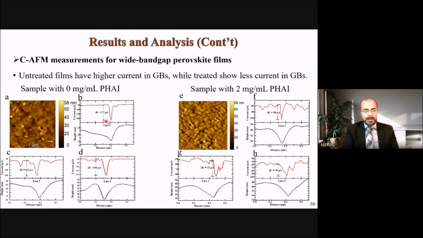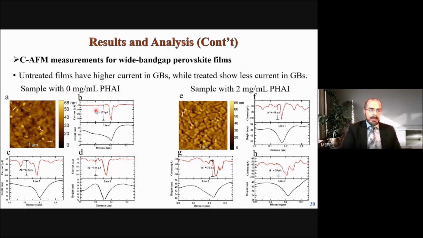For line 1, the current sensing microscopy goes from one grain to the other, and as it goes, it measures the current over that area. We see this dip here, which corresponds to the grain boundary. We need this dip, or curve, to be as small as we can, because a big area has more trapped states.